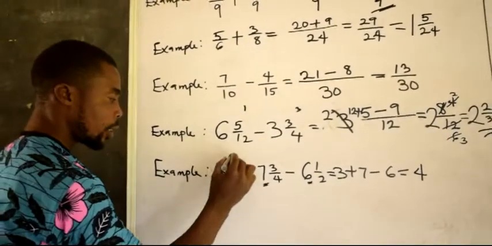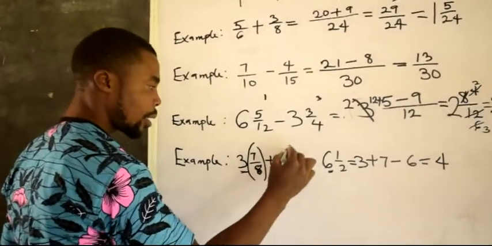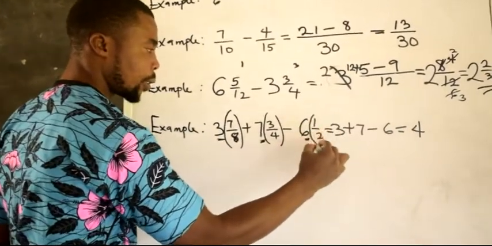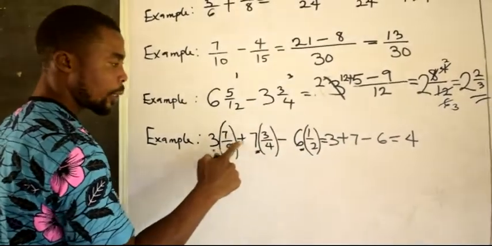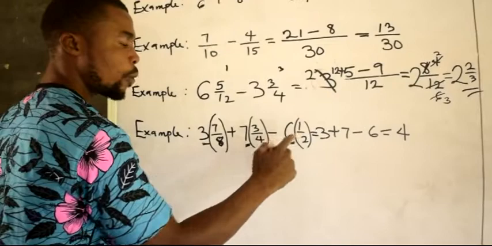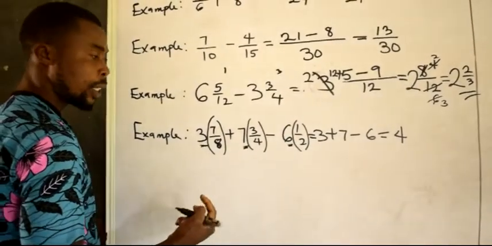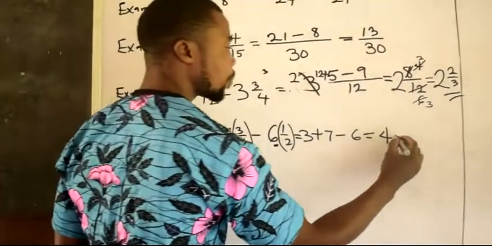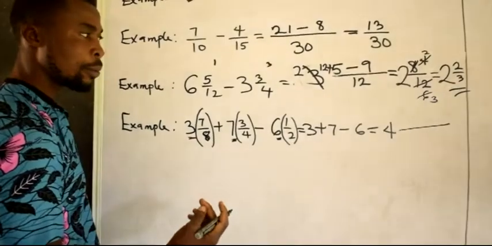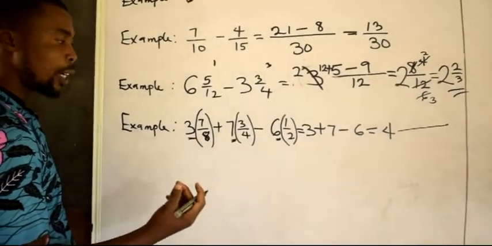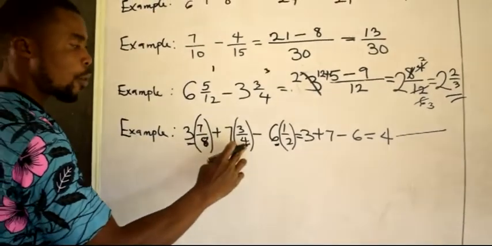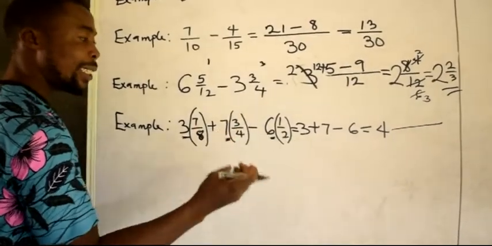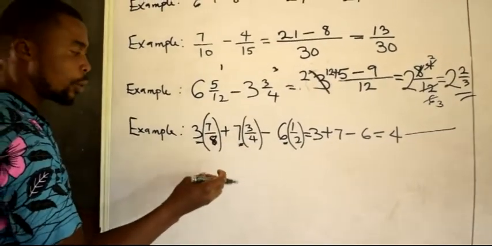Now for the fraction, we are left with these fractions: 7 over 8, 3 over 4, and 1 over 2. You find the LCM of these fractions. The numbers you find their LCM are 8, 4, and 2. They are the down numbers, which are the denominators.